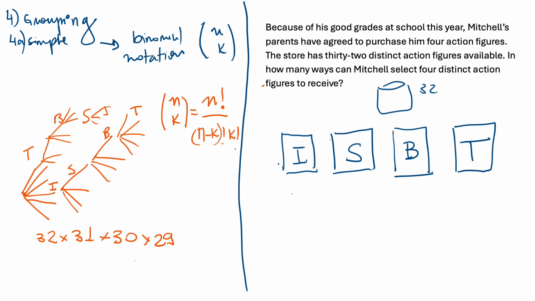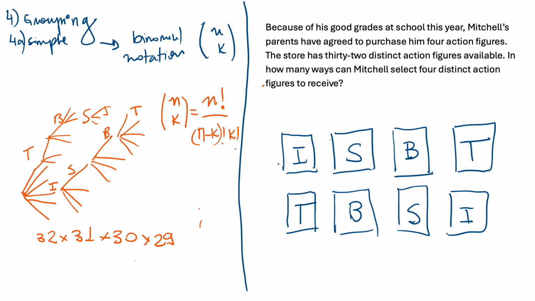Because do you agree that I want to make a group of 4 characters, and if Mitchell had chosen a different order, let's say that first he chose Batman, then Iron Man, then Spider-Man, and then Thor, do you agree that this is the same group of stuff? I still have these 4 same characters. So I really don't mind the order in which I select.